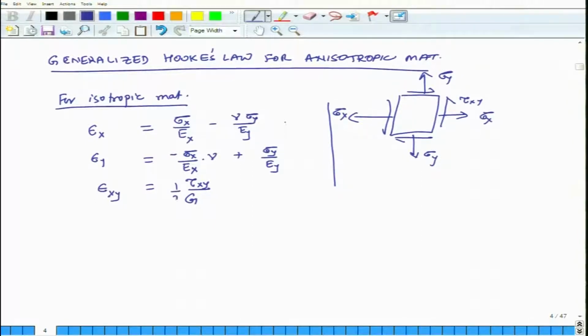So, this is 1 over 2. Okay. And when I use tensors, I always have 2 indices. So, then I have to write epsilon x x, epsilon y y.